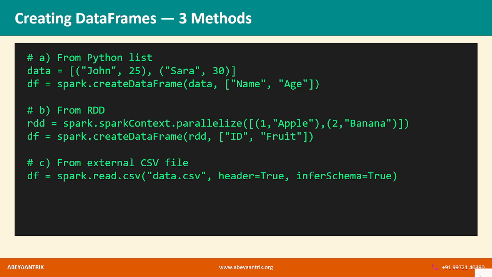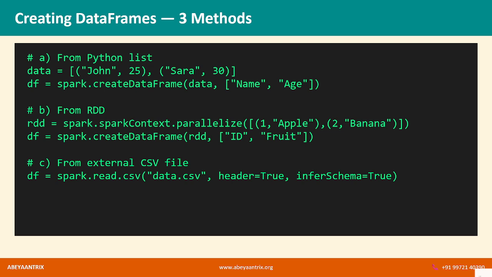What is this John? It is the name. What are these 25, 30? These are the ages, right? So you have to provide the column names here. Your createDataFrame function takes two parameters: one is data, the raw data you have given, and the other is column names.